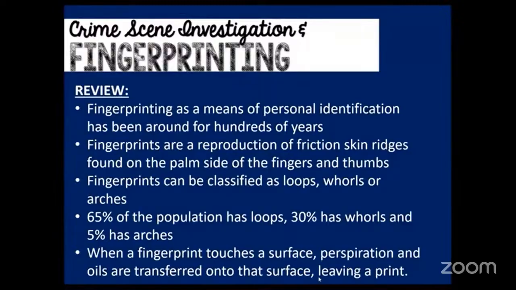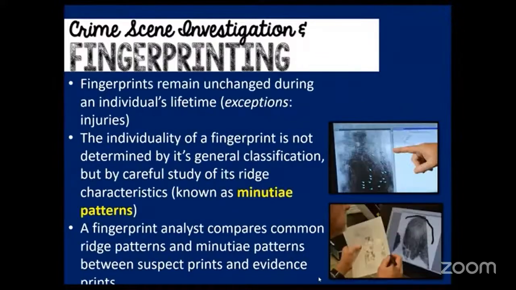When a fingerprint touches a surface, perspiration and oils are transferred to that surface, leaving behind a print. We can have latent prints or patent prints, and we're going to talk about those in a future lesson. So for today's lesson, you need to know that fingerprints remain unchanged throughout an individual's lifetime.